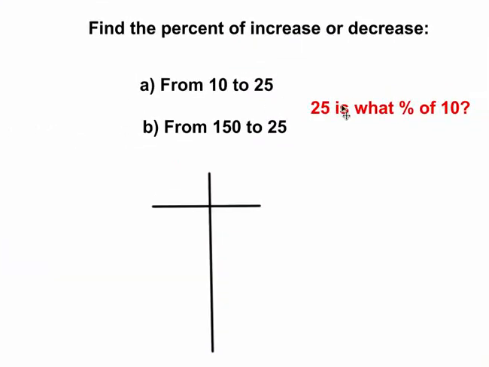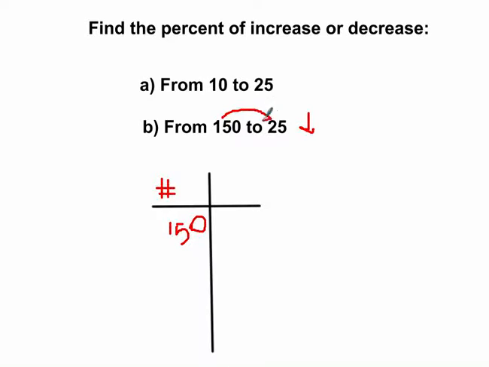For the second question, we're moving from 200, and the number is 150, and we're getting down to a number of 25, then we're decreasing, and if you see here, we're decreasing by 125.